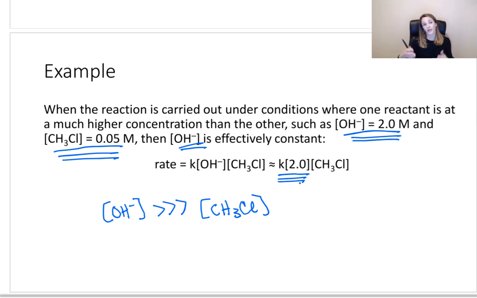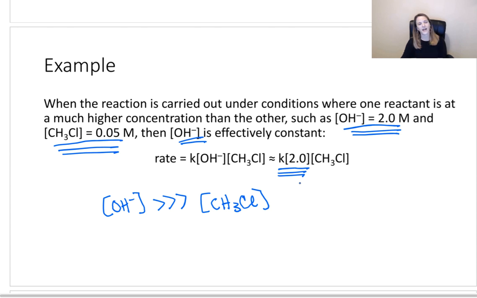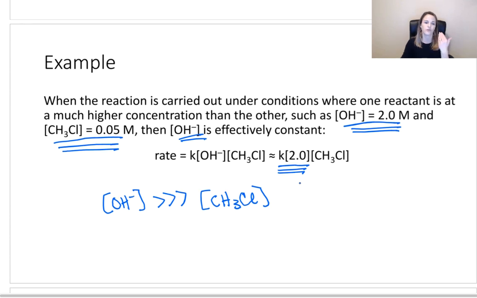In my brain, in a pseudo first order kinetics reaction, the k and the 2 are multiplied together. So it's 2k, and then you multiply it by the concentration of your reactant, in this case, methyl chloride. Keep that in mind because it's important later. You'll also see some problems like it on your homework, so make sure you know what that means.